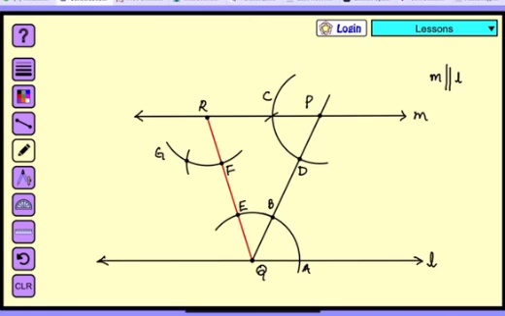If we join RG and extend so that the line cuts L, then we would get a parallel line, and that point we'll have to name.